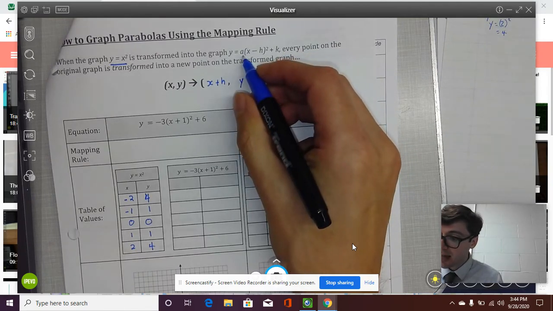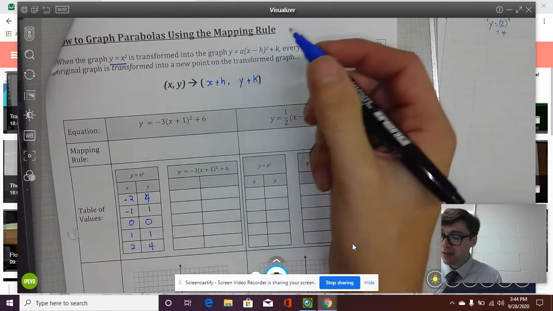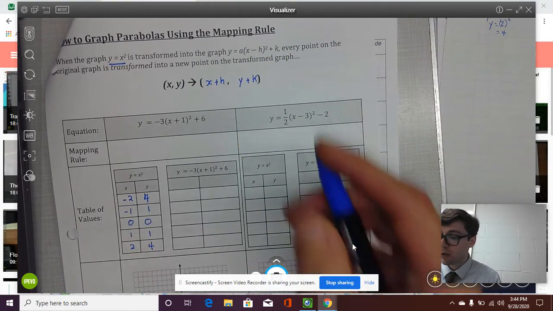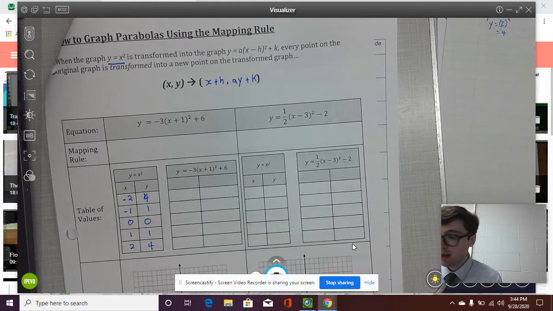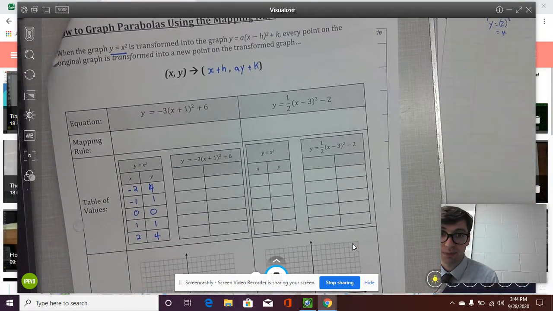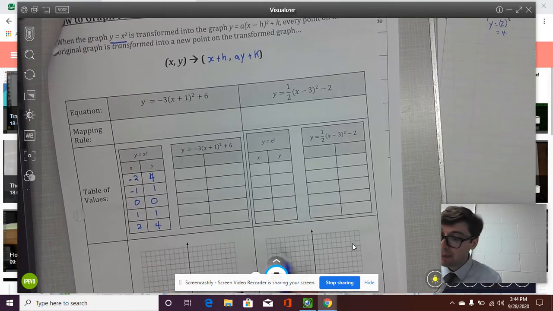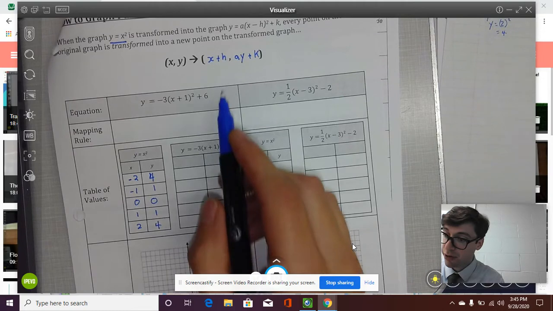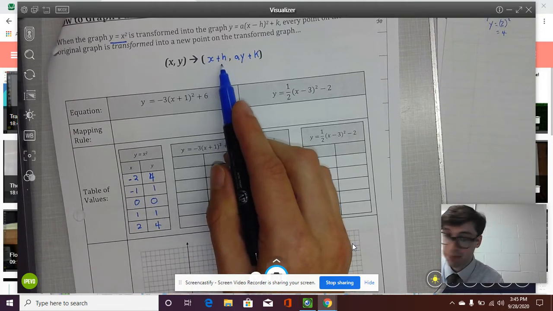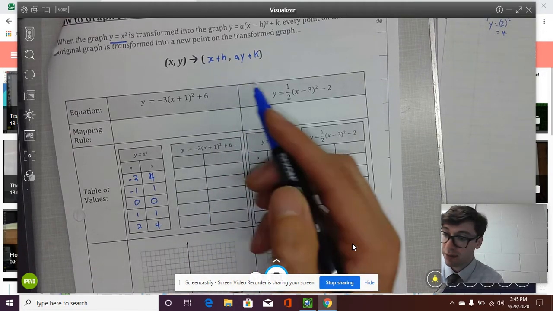The last thing is what to do with a. A stretches or compresses the parabola vertically. In other words, we're multiplying every y coordinate by a. And we'll see how this works as we start graphing. So the mapping rule means I'm taking the original point on the basic parabola xy, and I'm transforming it into this new point, x plus h, and ay plus k.